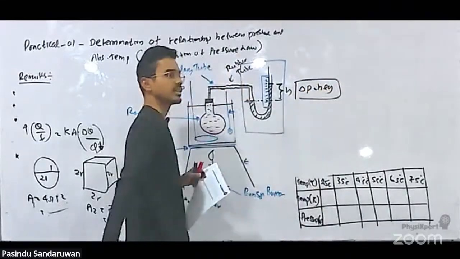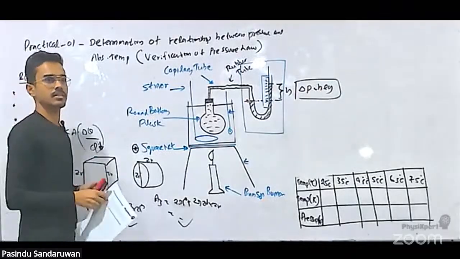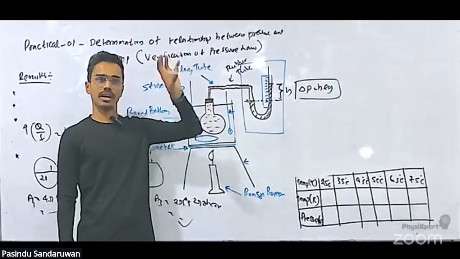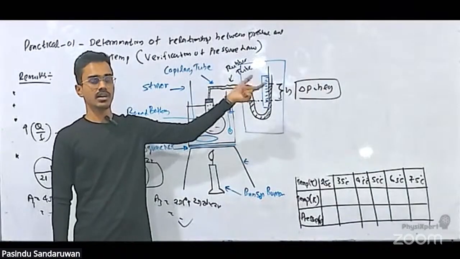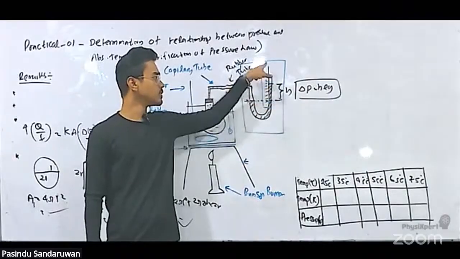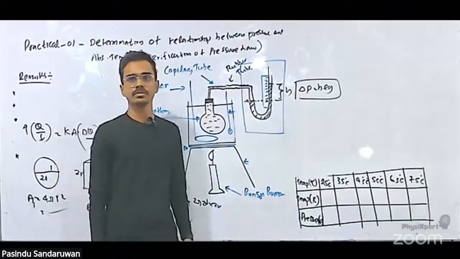We can improvise like this without using a pressure gauge. The experiment is done using the pressure gauge, but this is an alternative. Don't get confused if a modified setup is given. The pressure is written as P0 plus h rho g, that's it.